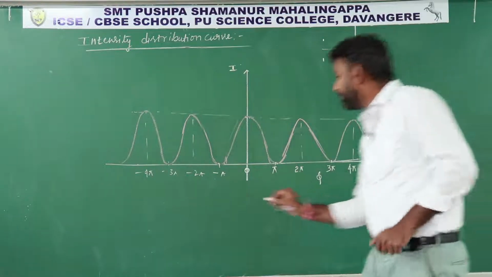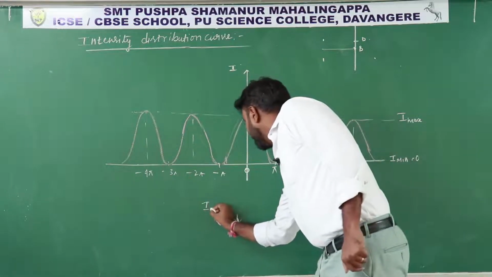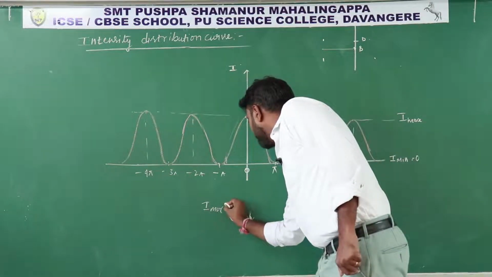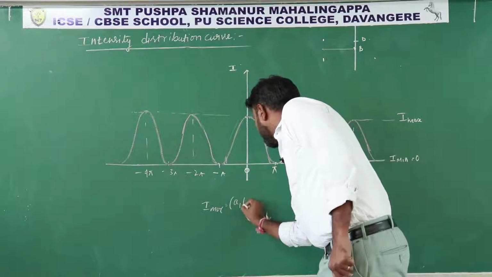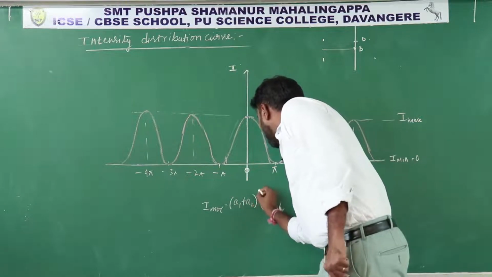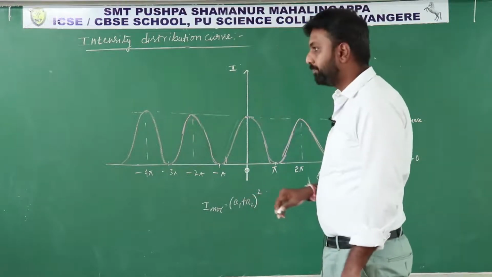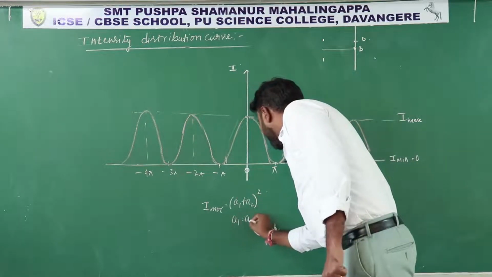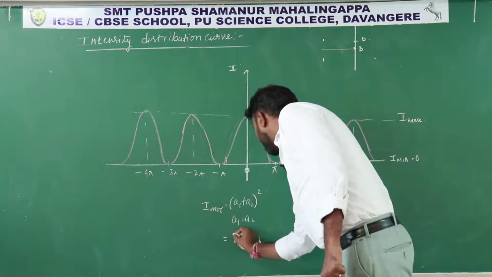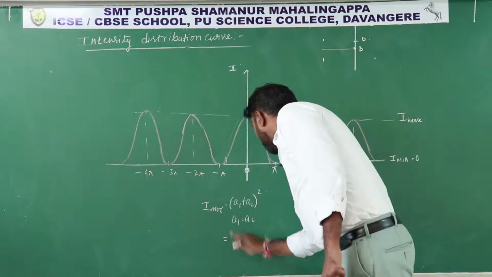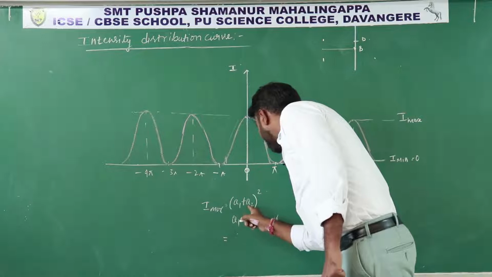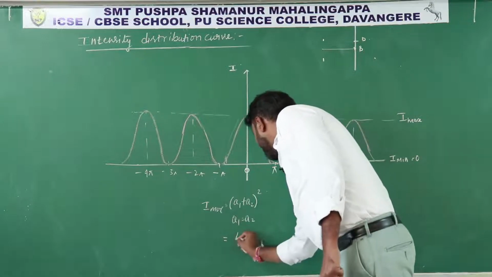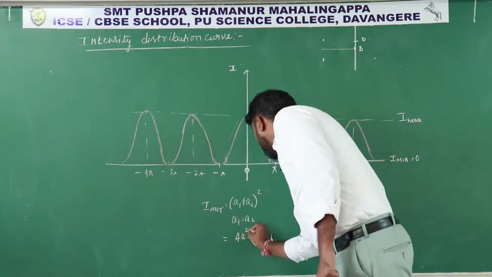You know the intensity maximum formula is A1 plus A2 whole square. Here if A1 is equal to A2, then A plus A is 2A, so you will get 4A square.